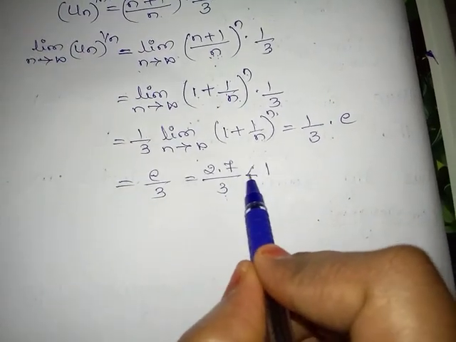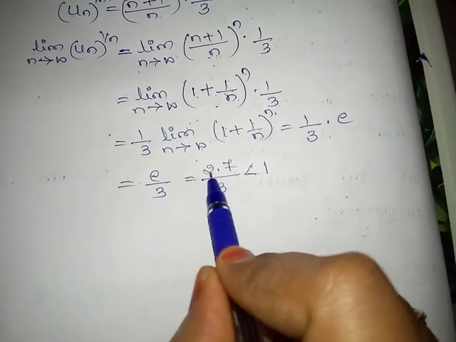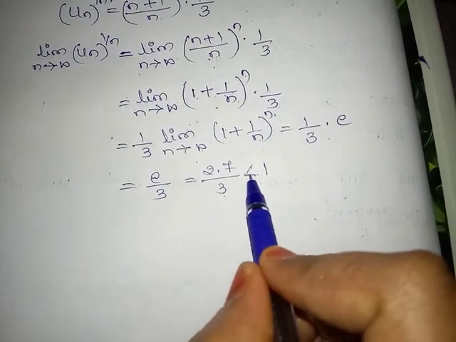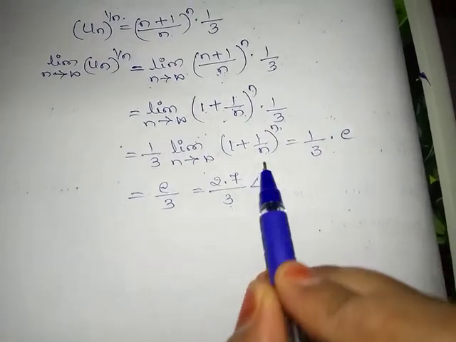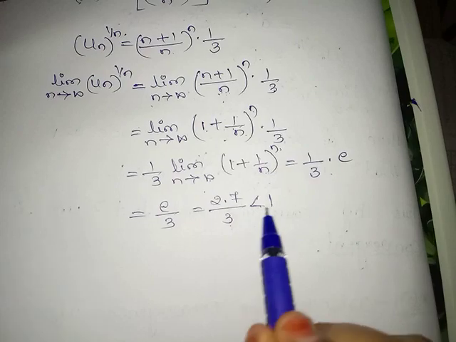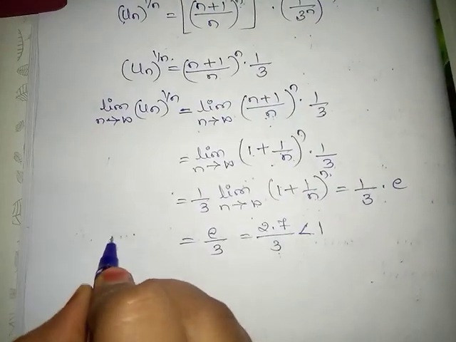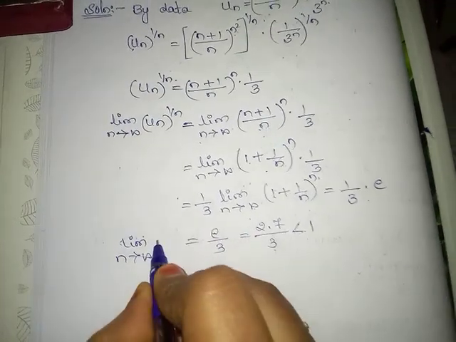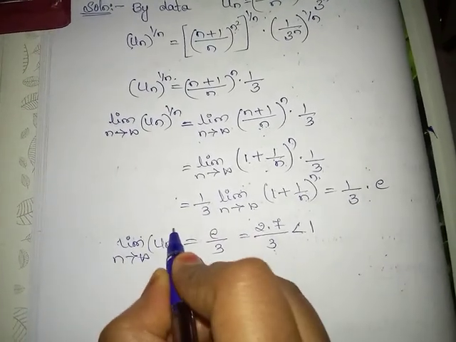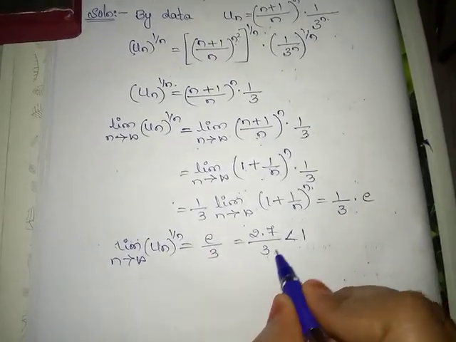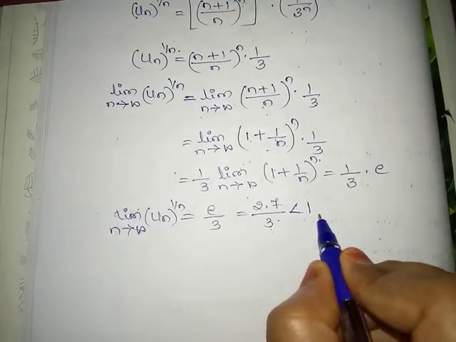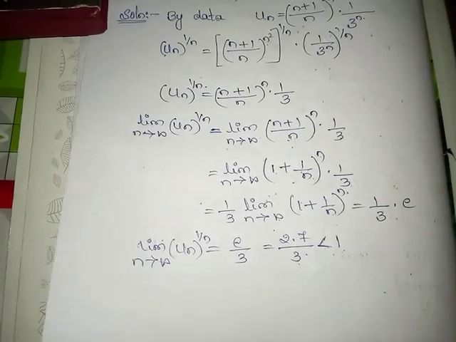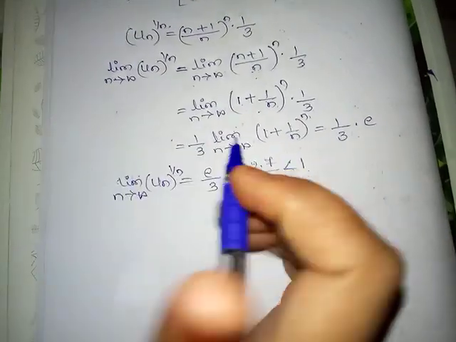Therefore, the value obtained by 2.7 by 3 is less than 1. And according to Cauchy's root test, if limit n tends to infinity un is equal to a finite quantity which is less than 1, then the given series is convergent.